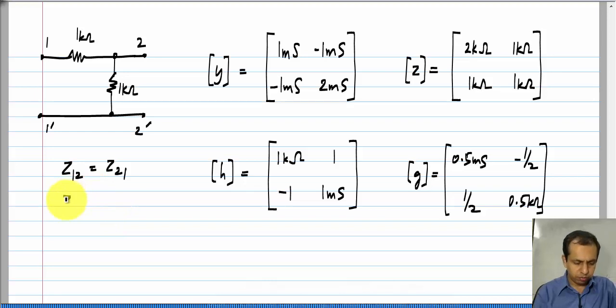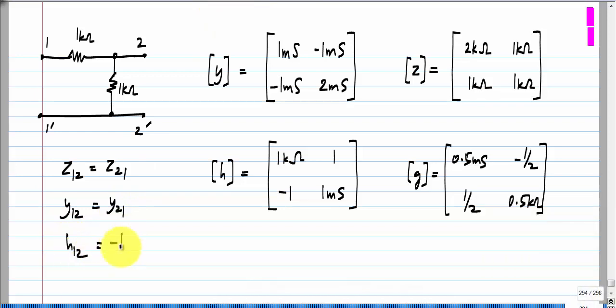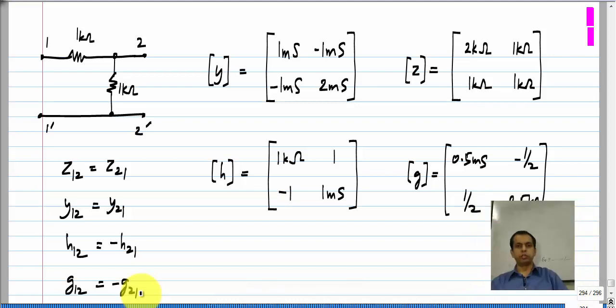Z12 is Z21, Y12 is Y21, H12 is minus H21 and G12 is minus G21. So, there appears to be some relationship between the parameter 1 2 and parameter 2 1, that is between the transmission from port 1 to port 2 and from port 2 to port 1.